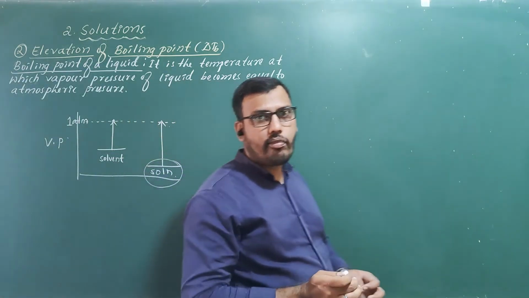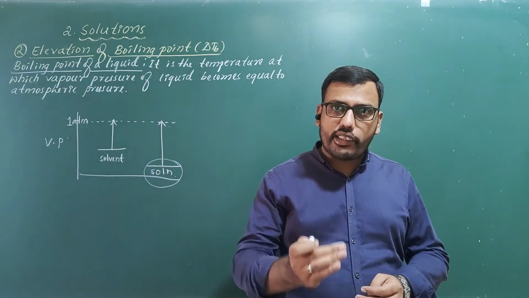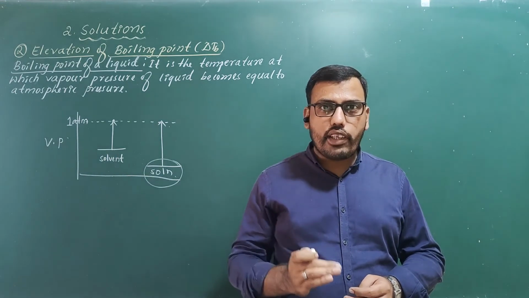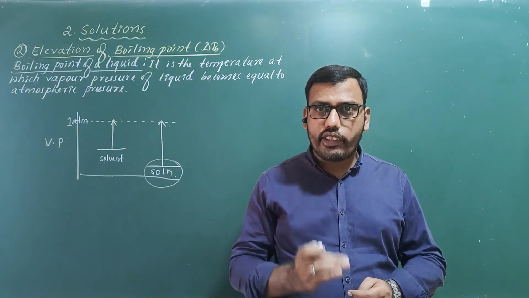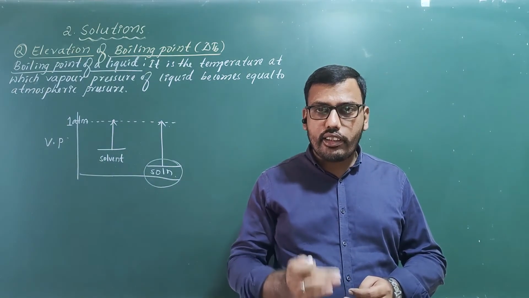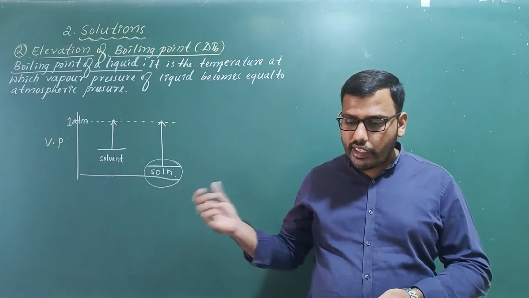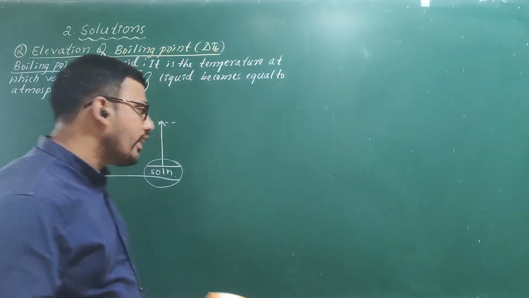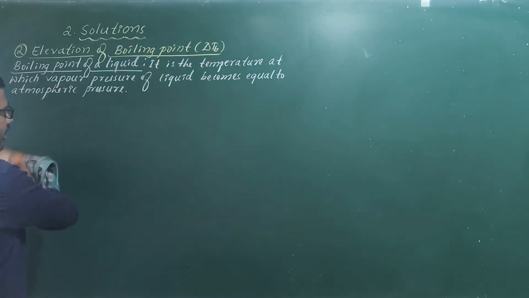That's why I say the boiling point of solution is always higher than that of pure solvent. Even we can show this using the graph given in our NCERT textbook.